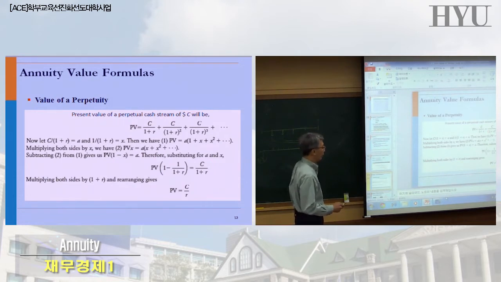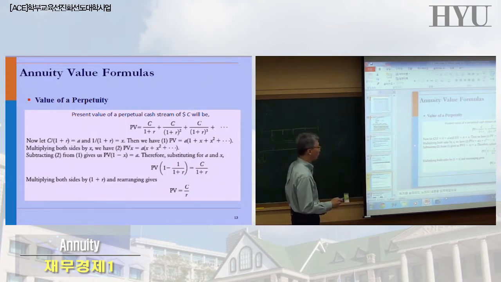Then we have some manipulation here. Let's set C divided by 1 plus R, the first term, as A, and 1 over 1 plus R as X. Then we can rewrite the equation this way: A times (1 plus X plus X squared, and so on).